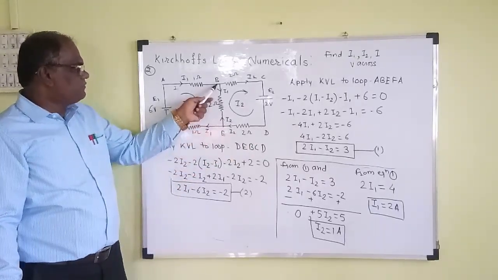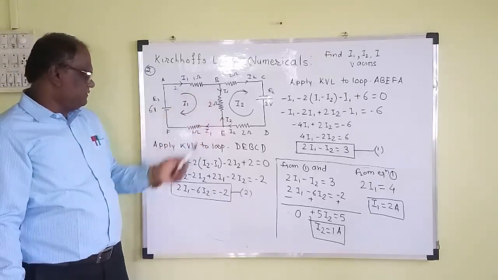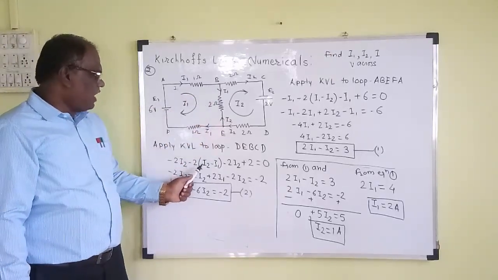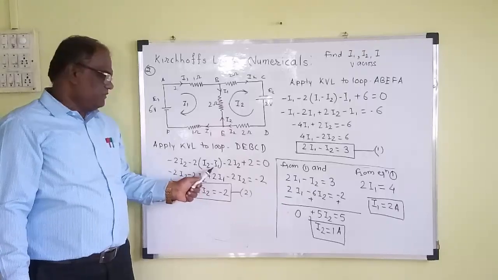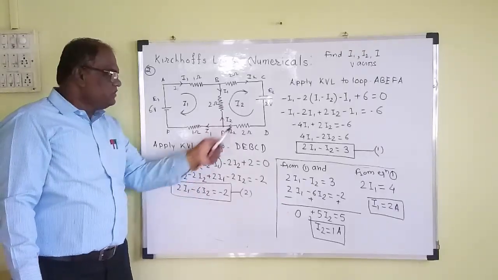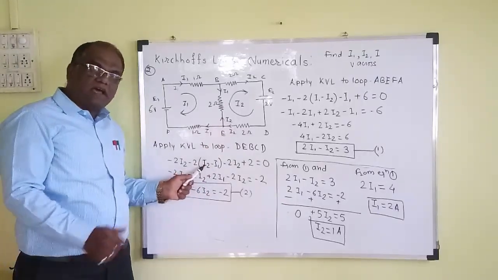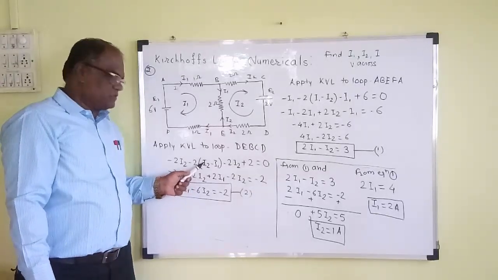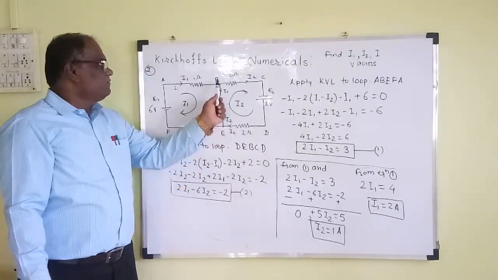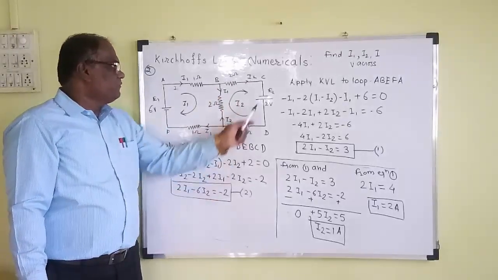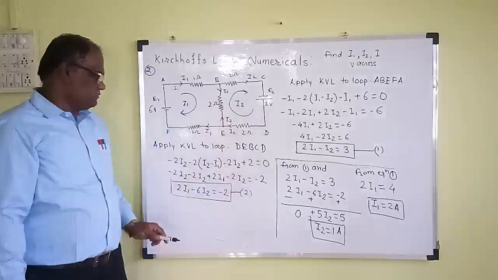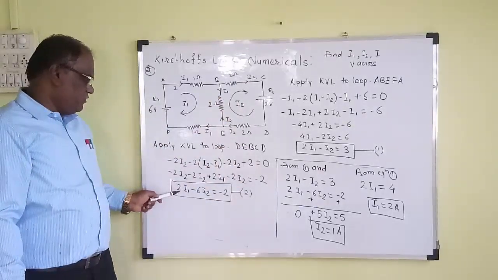Again, E to B, minus 2 times I2 minus I1, because now in this loop we are moving in the direction of I2. So I2 is taken first and then minus I1. Minus 2I2 plus 2 is equal to 0. After solving, you will get this equation.